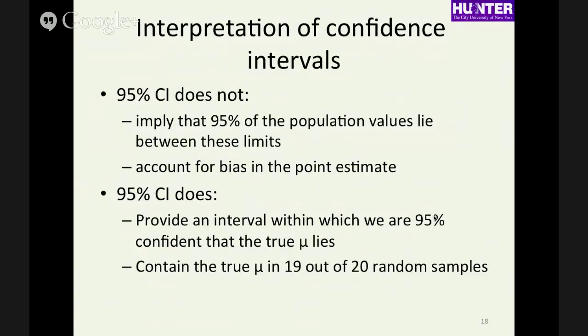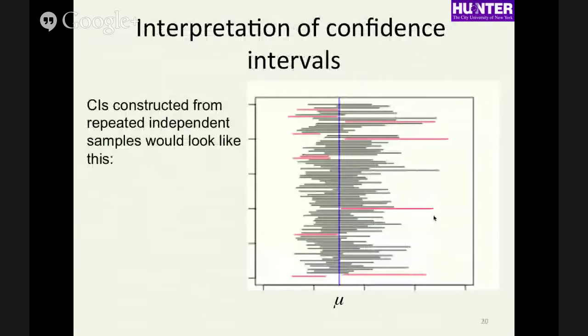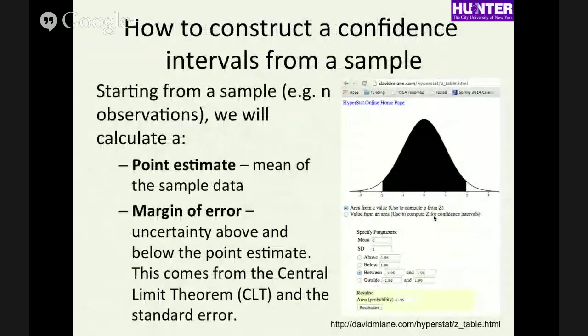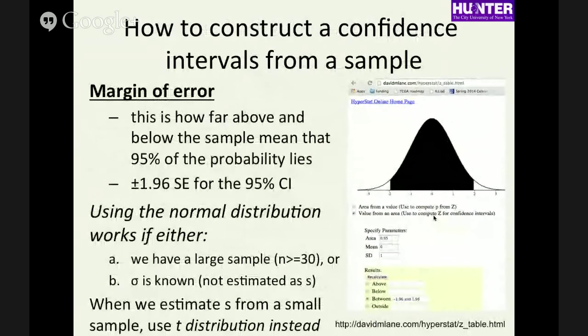Let's see, is there a picture of that soon? Yeah. So in this, this would be the sampling distribution. The margin of error would be from the point estimate, which is a z value of 0, up to the positive limit, which is the same as from the point estimate to the negative limit.